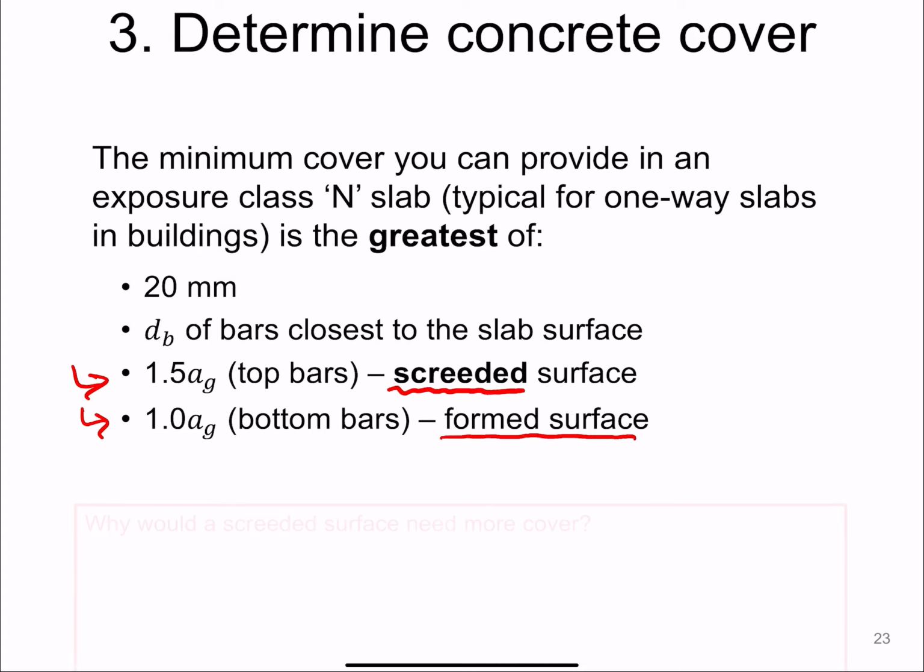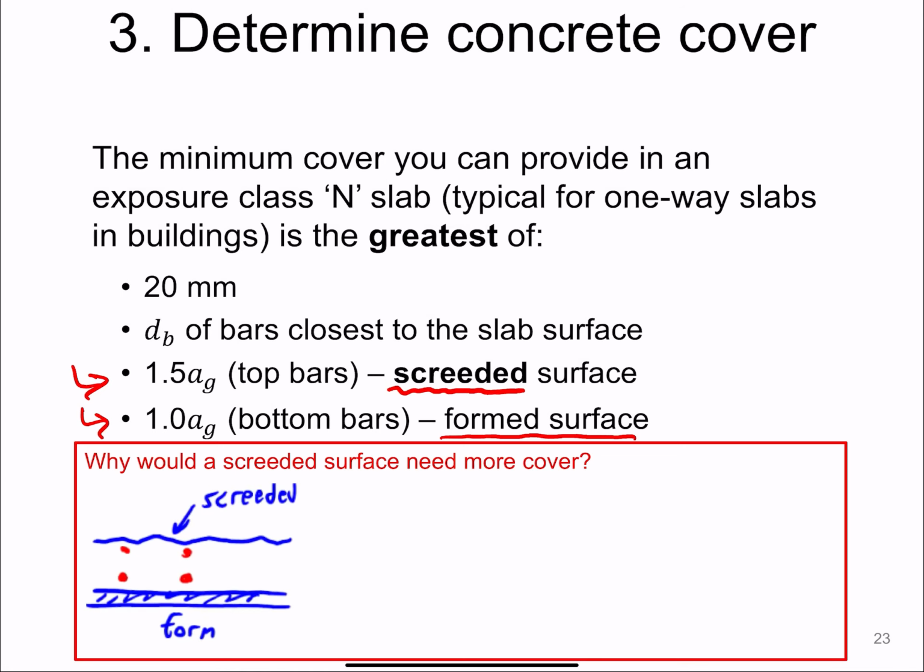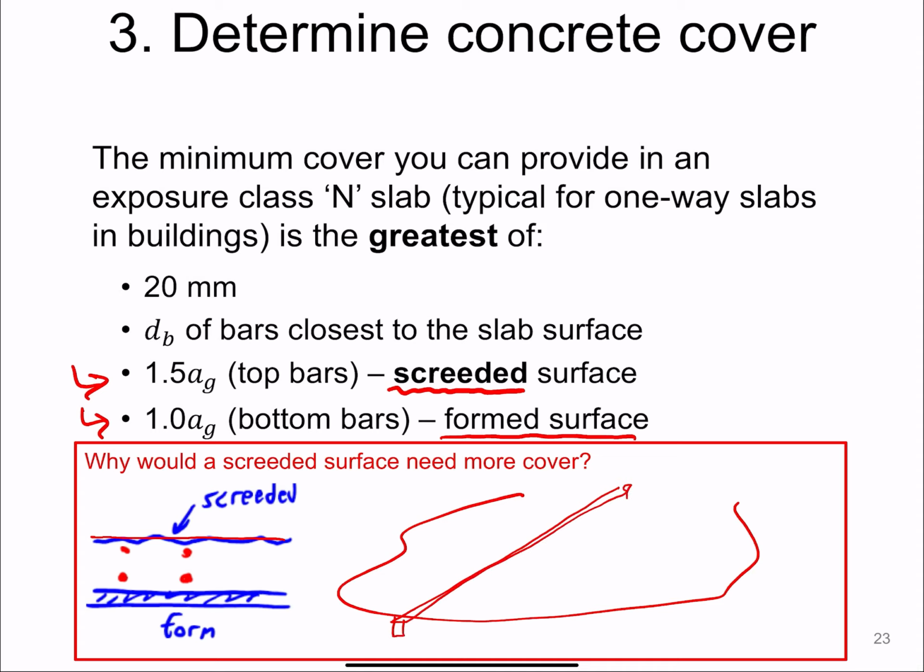So what is screeding of a slab? Screeded is usually the top of a slab. You pour the concrete, and then the top surface has to be flat. You have several tools to make it flat. You pass a piece of wood, or a different tool, one time over your concrete, and then another, just trying to flatten it, just to eliminate any bumps.